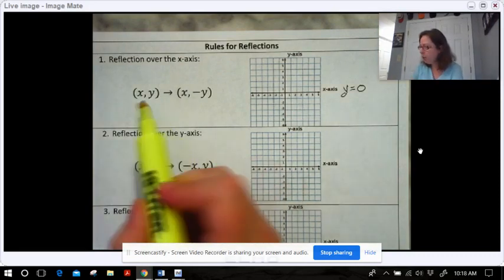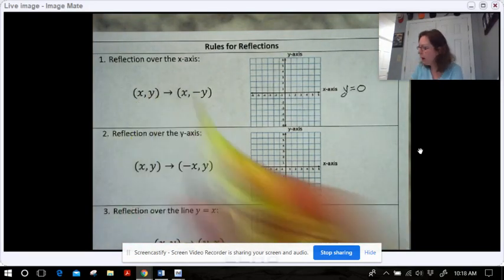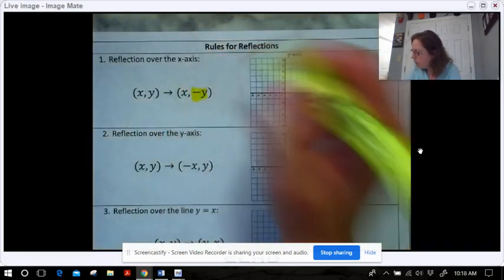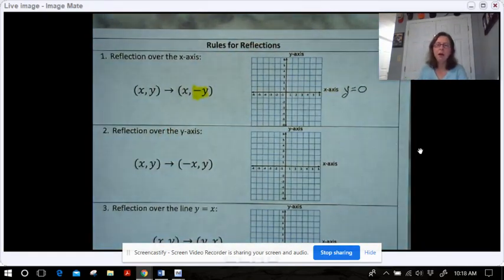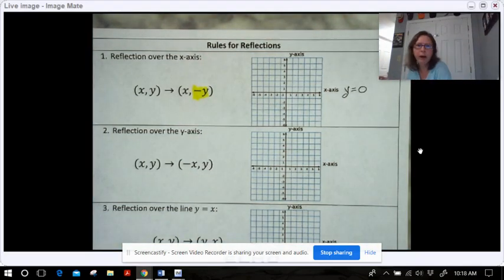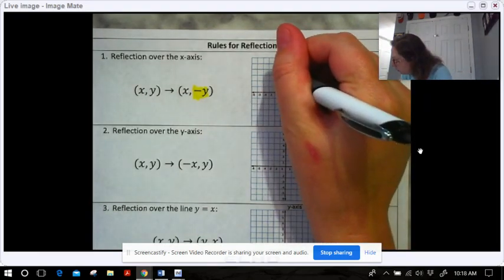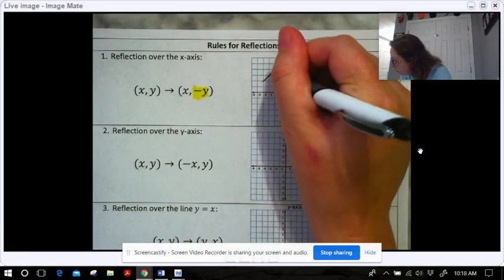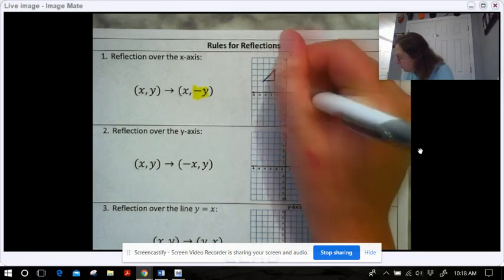And so if I start with a regular point, x comma y, what I'm going to do is change the sign of the y value. Okay, so I'm going to create a triangle on here. So let's just do, I'm going to create a right triangle.